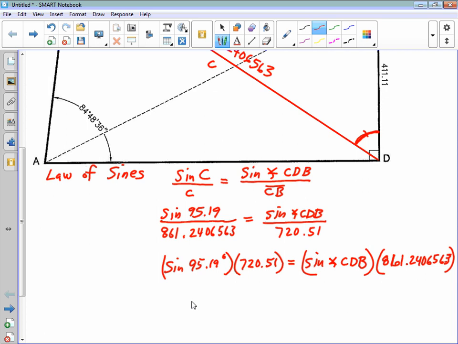And so then I am going in my calculator to take the sine of 95.19 times 720.51. This isn't very exciting for you all, but I think it's better to just leave that there rather than bring the calculator back. Okay? So then I'm going sine, and then I'm going to go recall C.